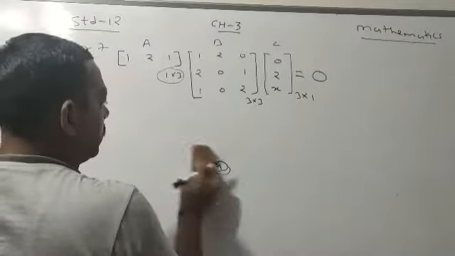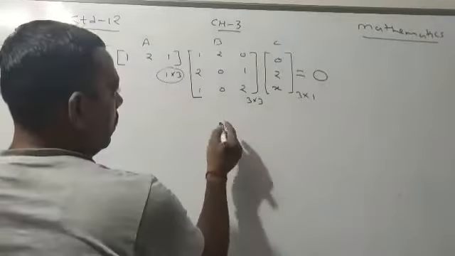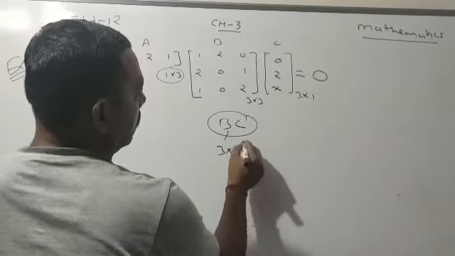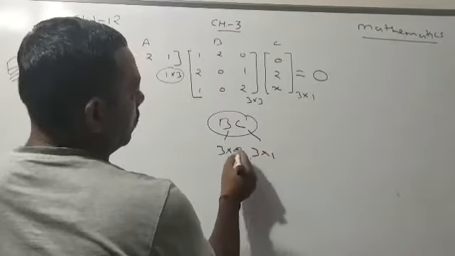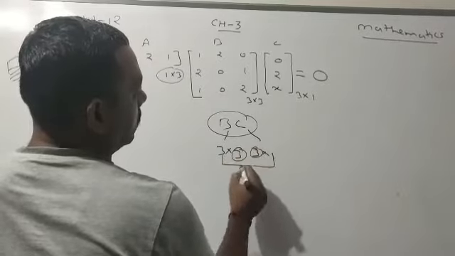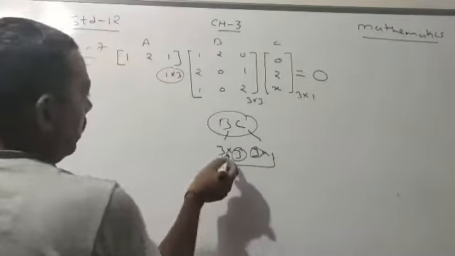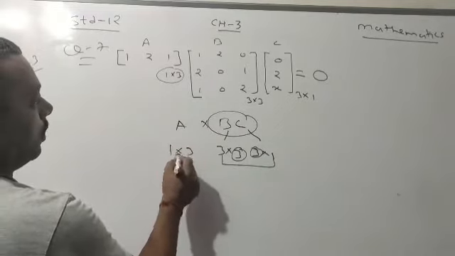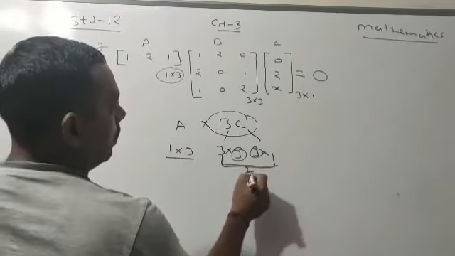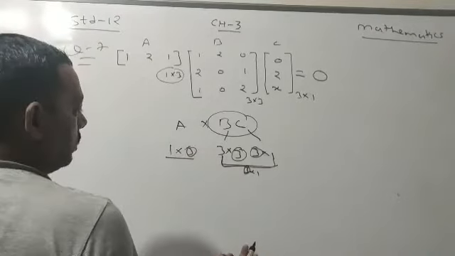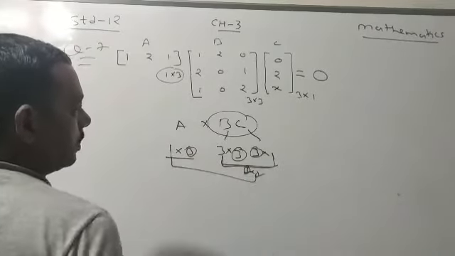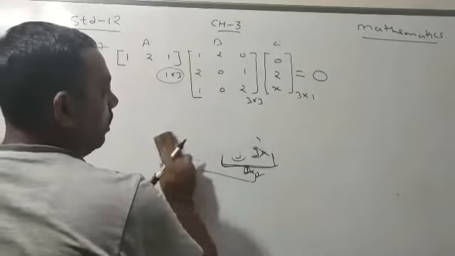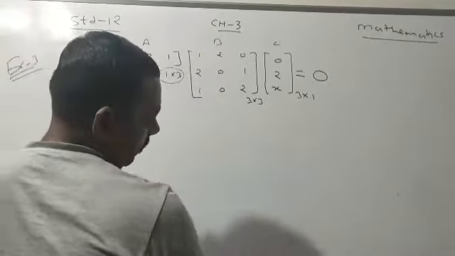But if anybody continues with BC first, then B is 3 by 3, C is 3 by 1, so the answer is 3 by 1. Then I have to multiply this with A, that is 1 by 3. So 1 by 3 and 3 by 1, this multiplication is possible and the result will be the same, 1 by 1. As I told you, the choice is yours. You may multiply either AB first or BC first.